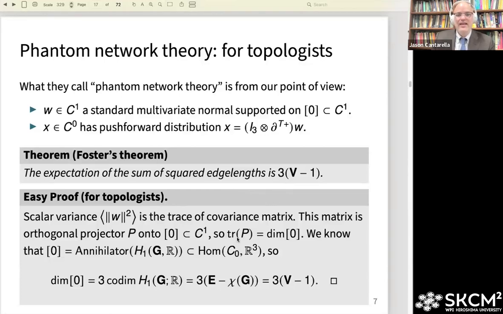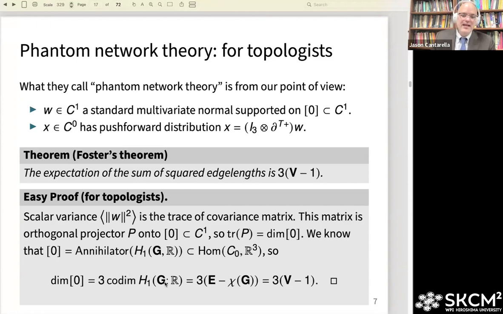So we know that this trace is equal to the dimension of the zero class in cohomology. Now, what is the zero class in cohomology? Well, it's the annihilator of the first homology.